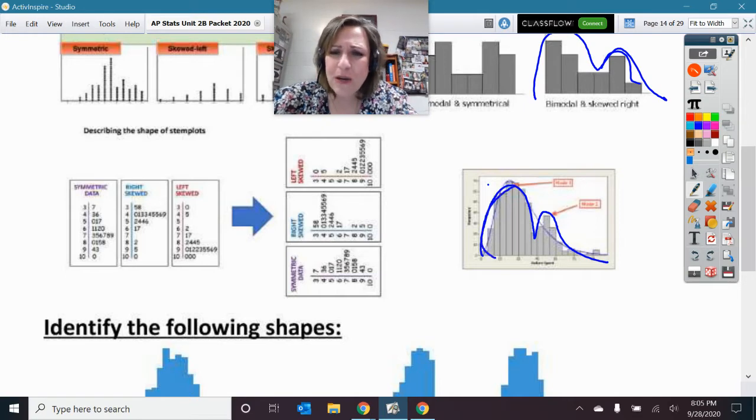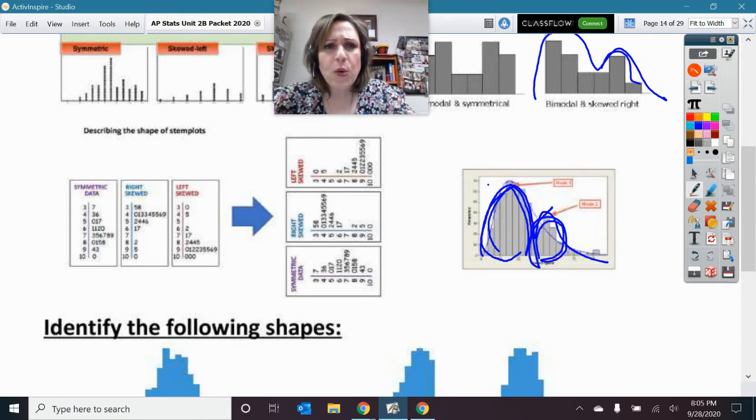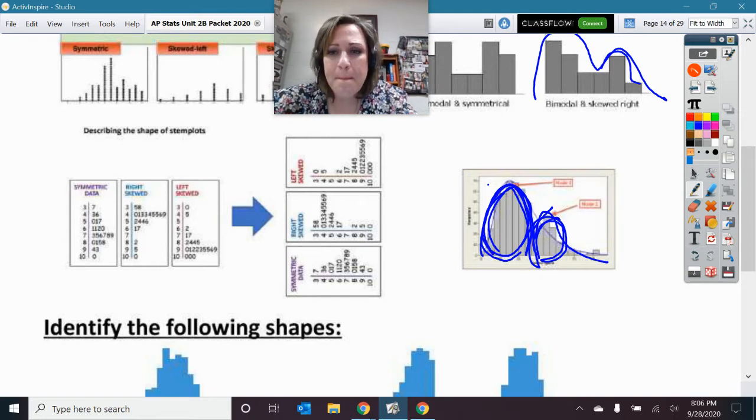It looks like we have a chunk of data centered here and a chunk of data centered here. Maybe this has to do with shoe sizes or heights, and this is the females section and this is the males. Bimodal would be interesting to us because we're wondering what is happening to the data that's causing these two different sections and making it bimodal.